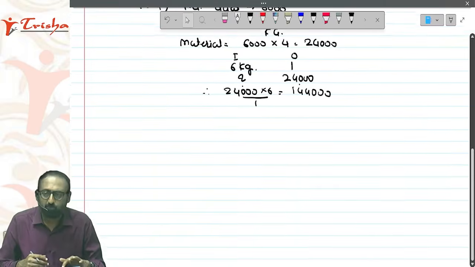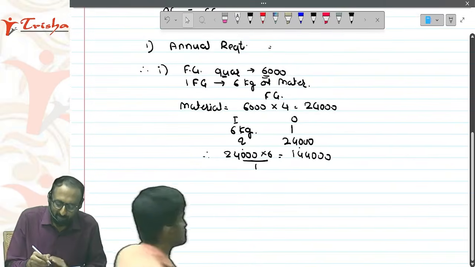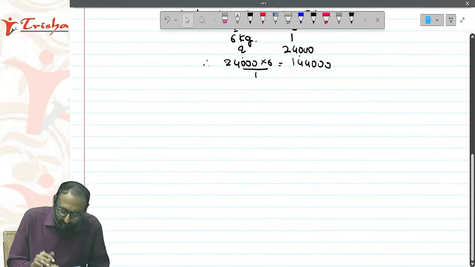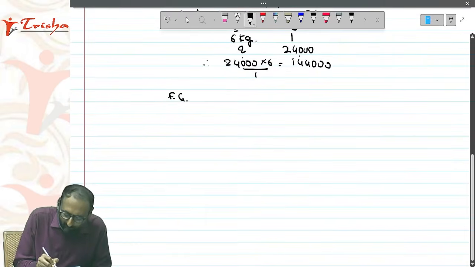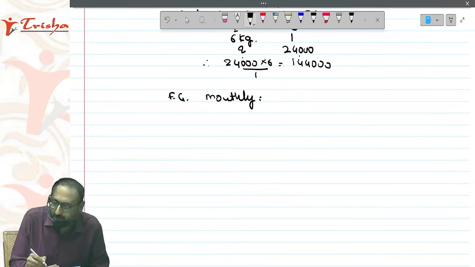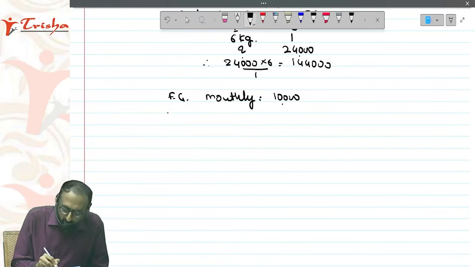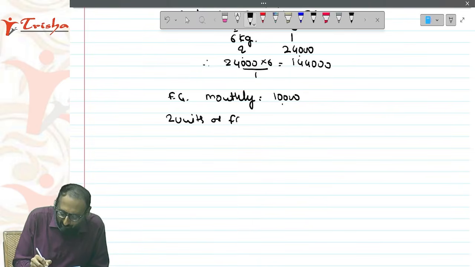Next, one more question. Final product monthly requirement is 10,000. 2 units of finished goods are obtained from 1 kg of raw material.